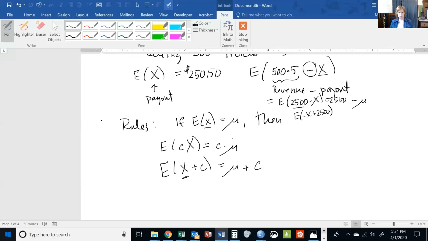My average amount we raise is $2,500 minus the average payout, which we said was $250.50.